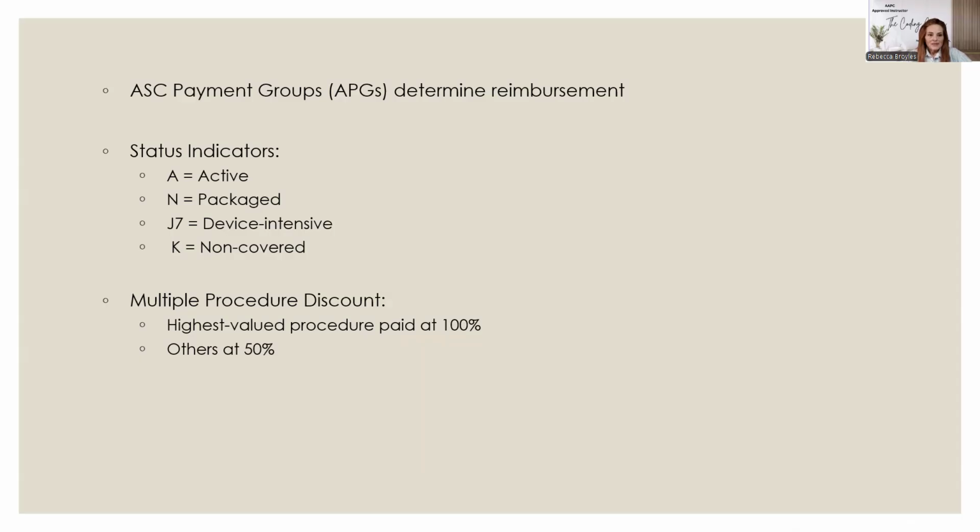A is for active, N is for packaged, J7 is for device intensive. These procedures require correct reporting of device HCPCS codes, and K are non-covered. The multiple procedure discount: you have the highest valued procedure paid at 100%, then the following procedures go down a percentage.